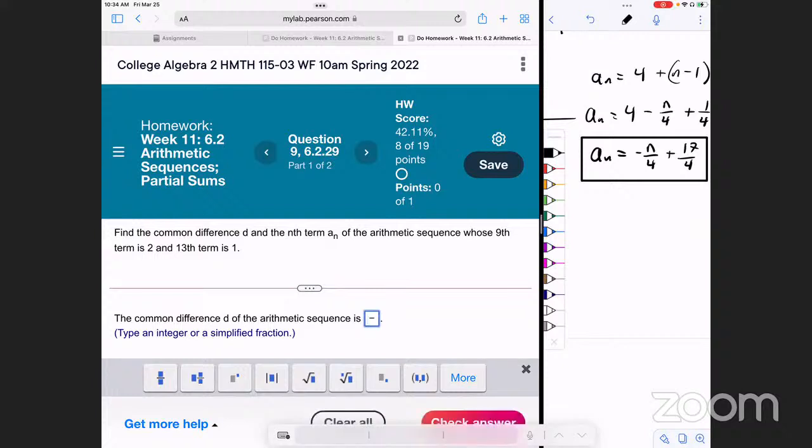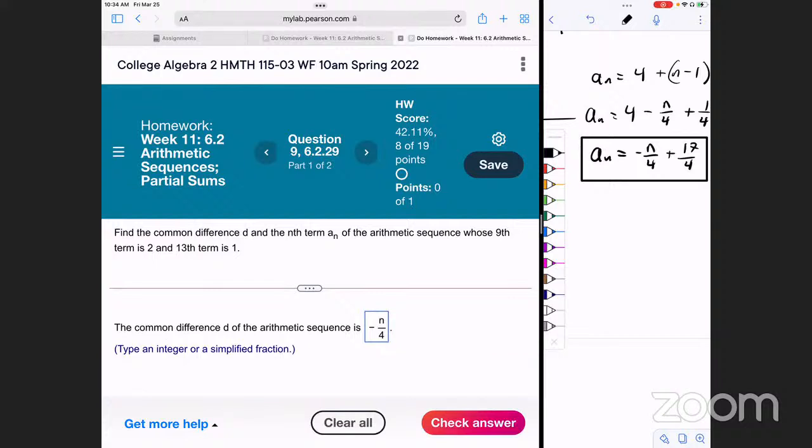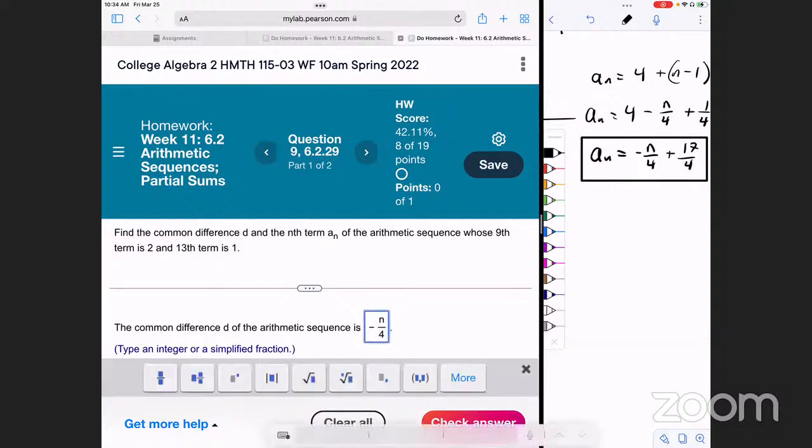Negative n over 4. Yeah, for some reason, I don't know why it does that. It's like the numbers lock on or something. It's something that I have to disable and I don't know how to do it. Okay. Plus 17 over 4.